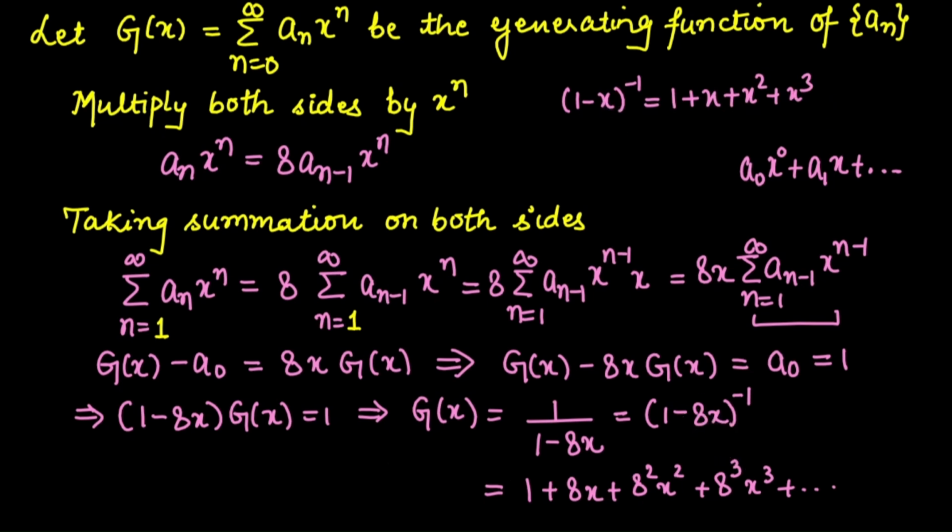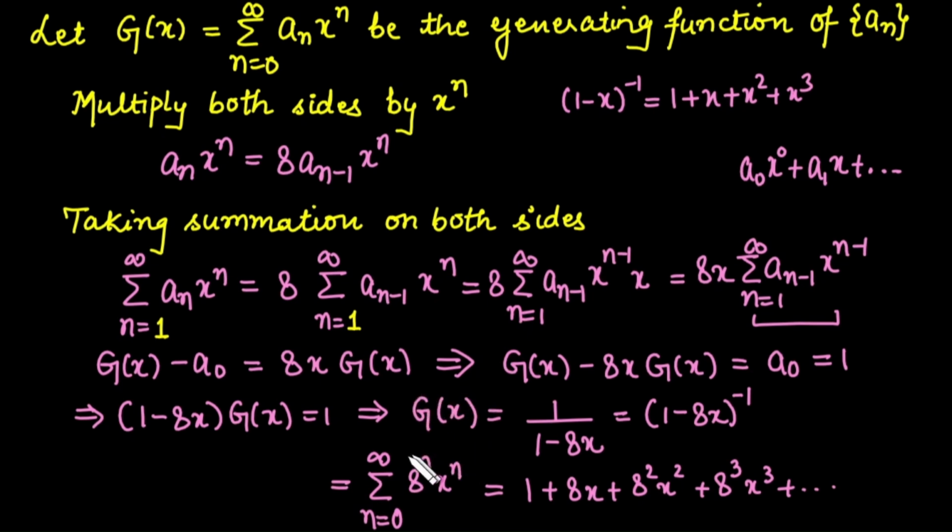Now what is the summation form of this? The summation form of this is n starts from what? Observe the x raised to power n term. So when we have x raised to power n term, in that case the power of 8 is also n. Now we need first term as a 1. When you take the power 0 here, we will get a 1. So it means index starts from 0.